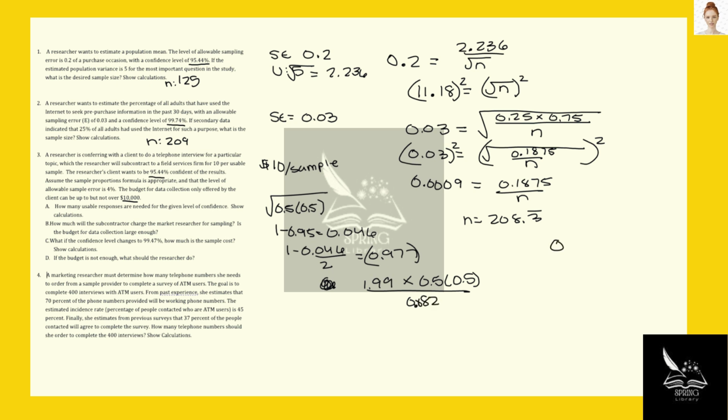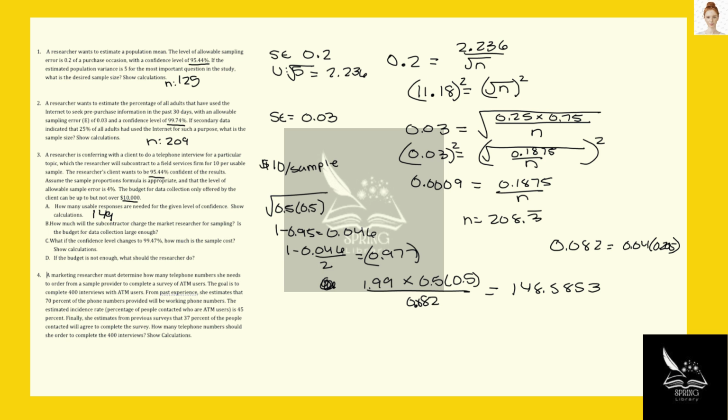And how I got the 0.082 is I took 0.04 and multiplied that by 0.205, and I'm going to get approximately 148.5853. So the sample size would be about 149.